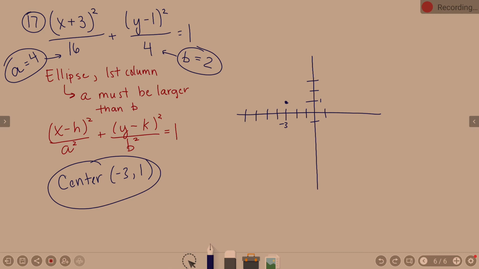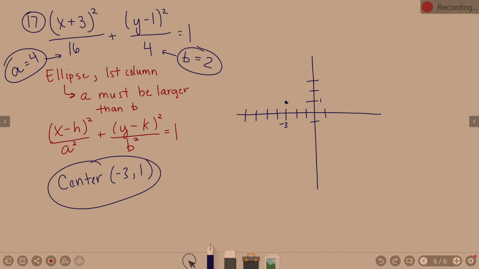With that in mind now, A is 4. From your center, you need to count 4 in both directions. But am I going left and right 4, or am I going up and down 4? And how do I know?